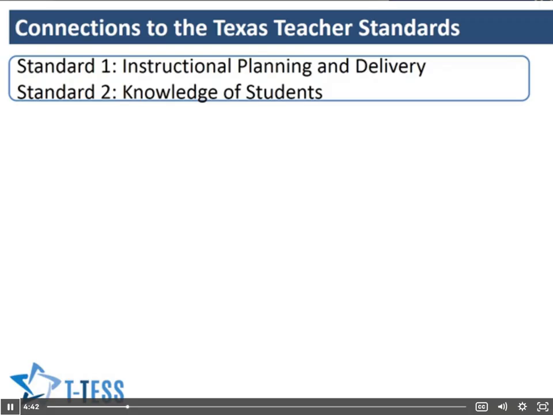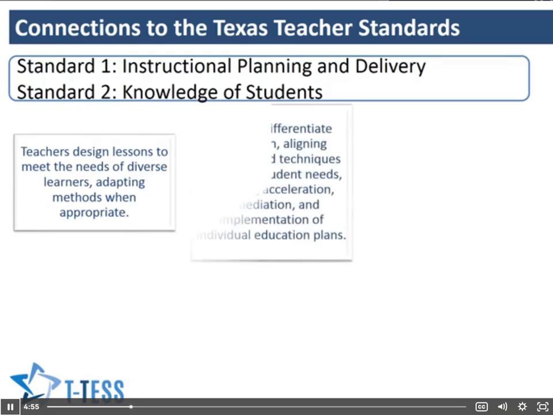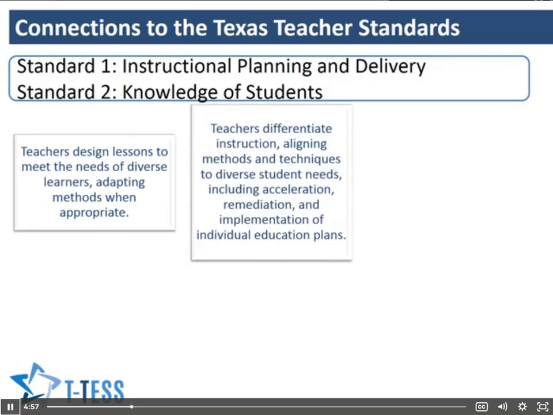In looking at the specific indicators for the Texas Teacher Standards, the first one tells us that teachers design lessons to meet the needs of diverse learners, adapting methods when appropriate. Another indicator tells us that teachers differentiate instruction, aligning methods and techniques to diverse student learning needs, including acceleration, remediation, and implementation of individual education plans.